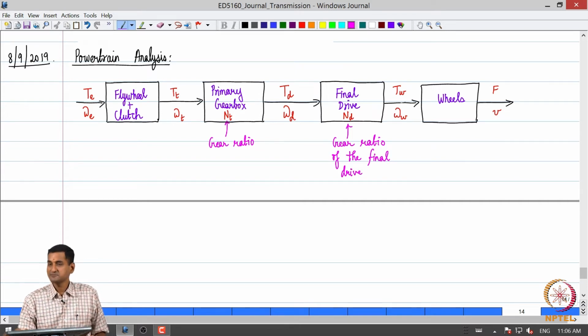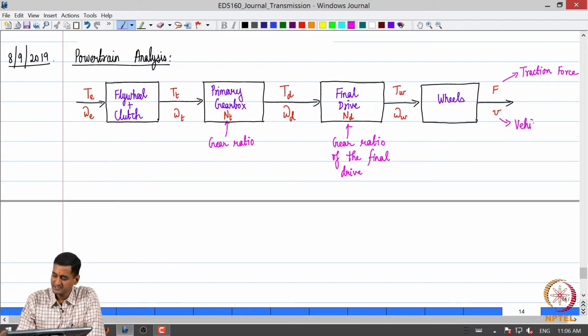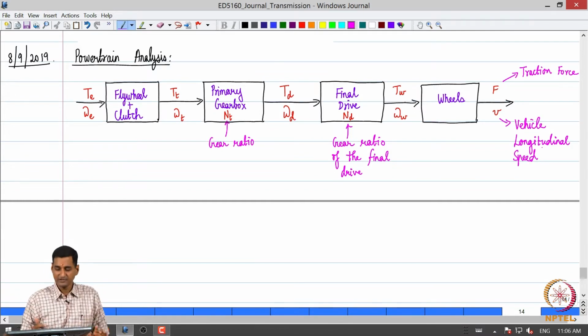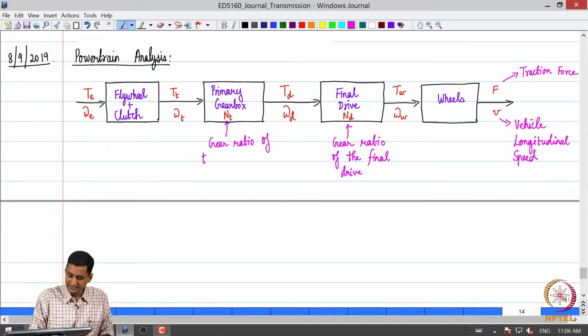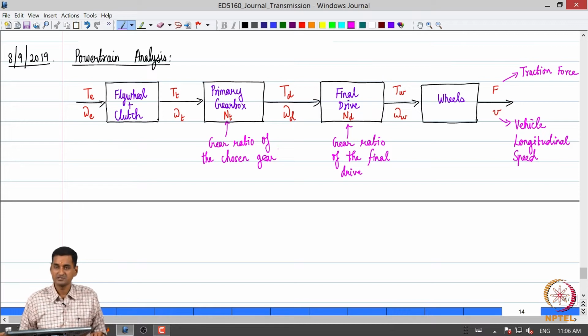And the final drive transmits a torque Tw at a speed omega W to the wheels, which is then realized as a force, the traction force F, at a longitudinal speed V. So this is the traction force that is provided by the powertrain to the vehicle, and this is the vehicle longitudinal speed. So we can see that a typical powertrain transmits energy through this set of components, right. And this is the gear ratio of the chosen gear in the primary gearbox.